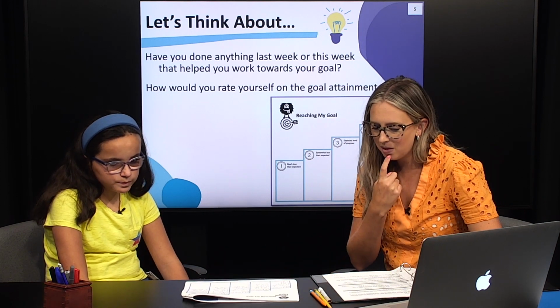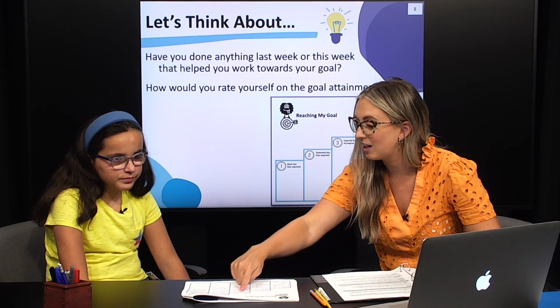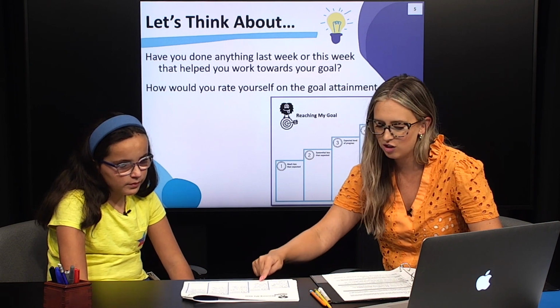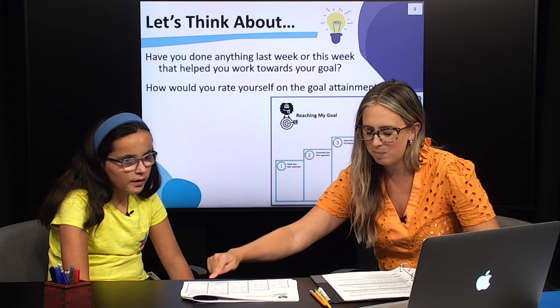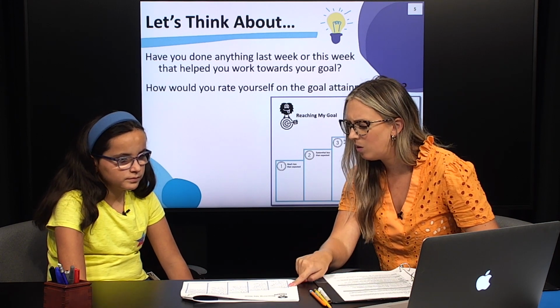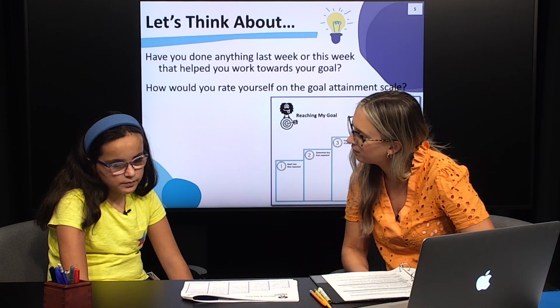And so remember, these different levels represent what it would look like to reach your goal, didn't quite reach your goal, or surpass your goal. So what do you think? Do you think you're at a 1, 2, 3, 4, or 5 with your goal? I think I am at a 5. You think you're at a 5?